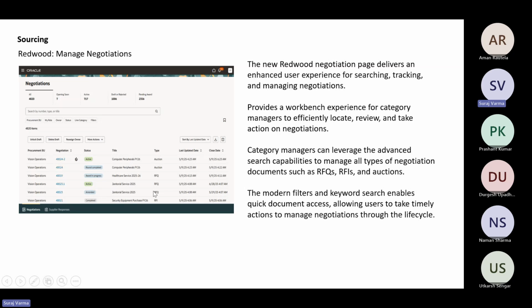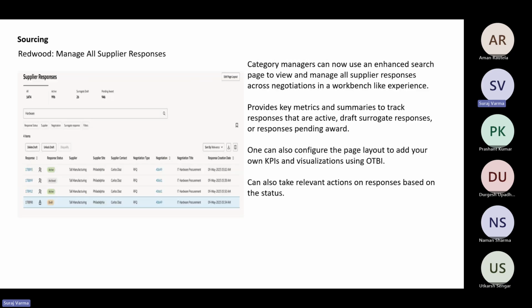The search criteria has also been modified, taking into account a few filters as well as keywords, which allows for quick search. So all these are on the Redwood UI.